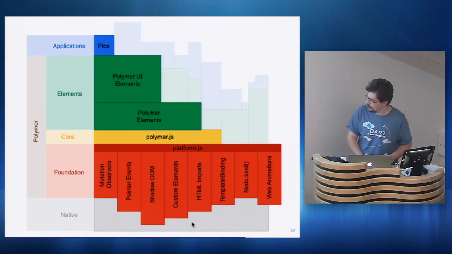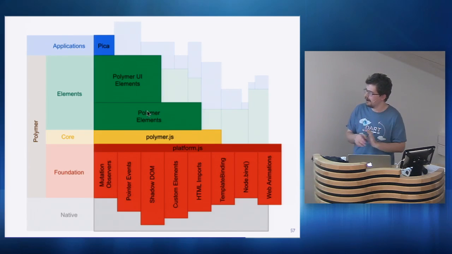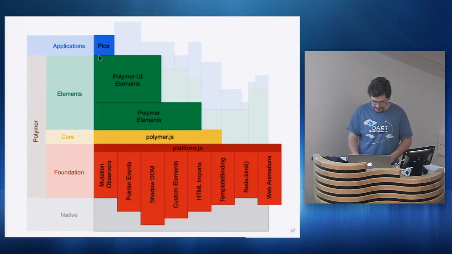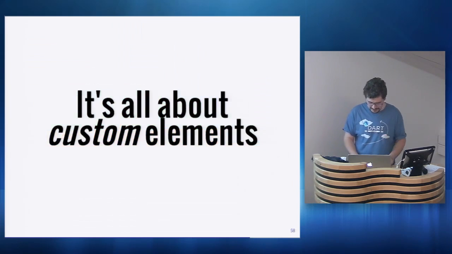You use all this stuff down there, and then you can define all kinds of elements. And then on top of these elements, you can define UI elements, though not necessarily UI. It can be something like flex layout. And here are real buttons and so on. And then you can build an application on top, if everything goes very well. So it's all about custom elements.